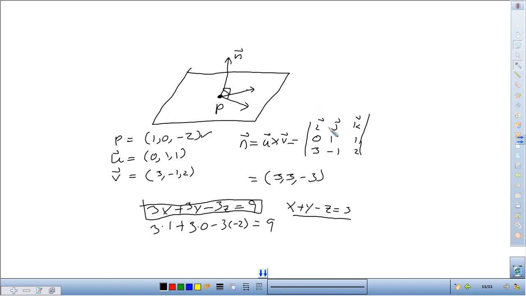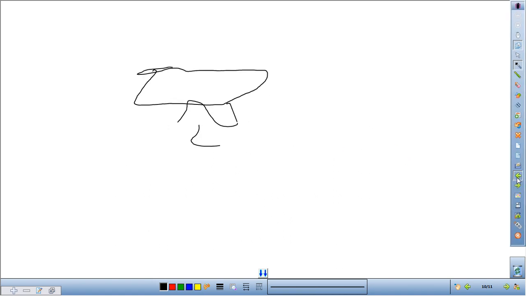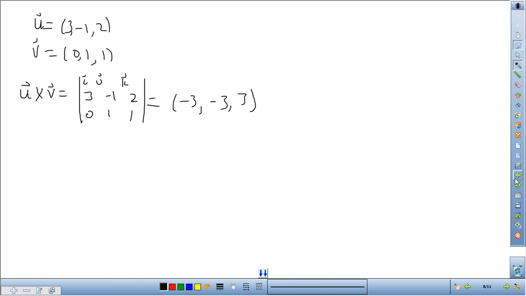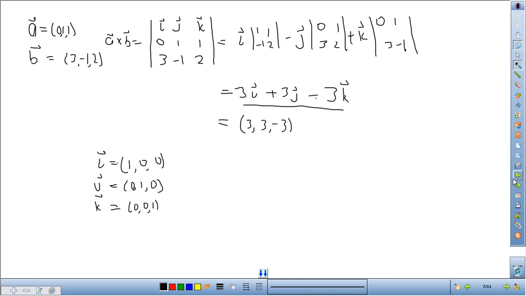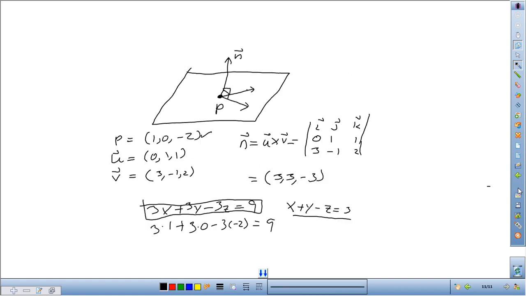For your reading assessment, I have you doing a few problems related to this. One of which is just computing a cross product, similar to what we did. Another has to do with finding the equation of a plane, similar to this.